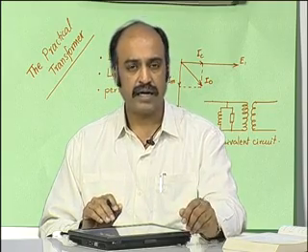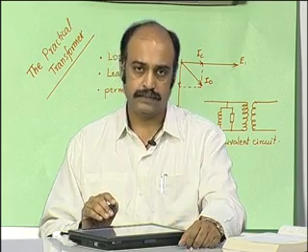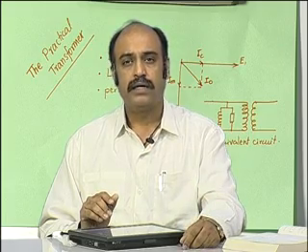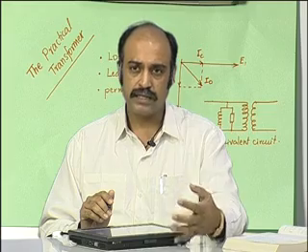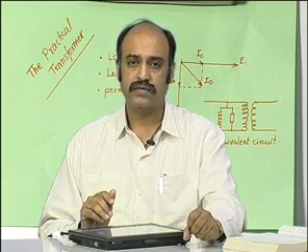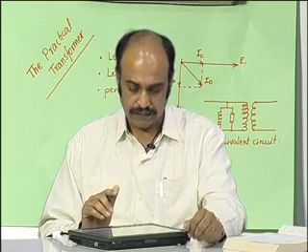In the case of the ideal transformer, there was no current needed to generate the flux. So, today we will introduce other non-idealities, other imperfections to the ideal transformer, and see how the overall equivalent circuit would look like.